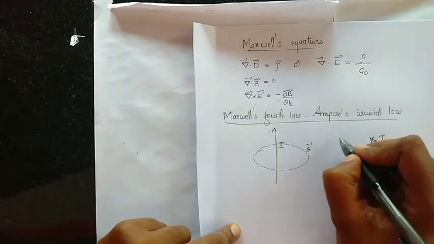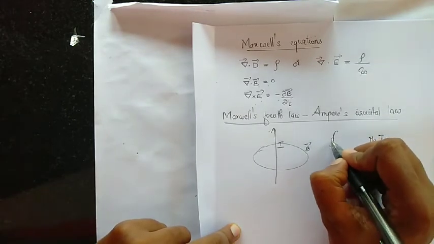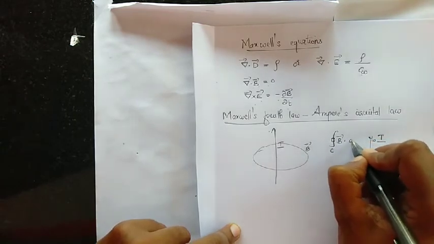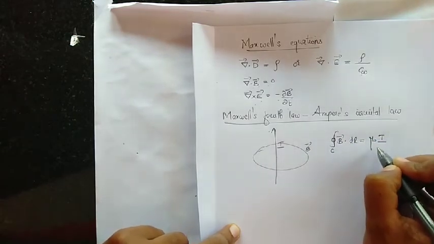So this expression we have studied in Ampere's law as closed integral over C B dot dl equal to mu 0 into I.